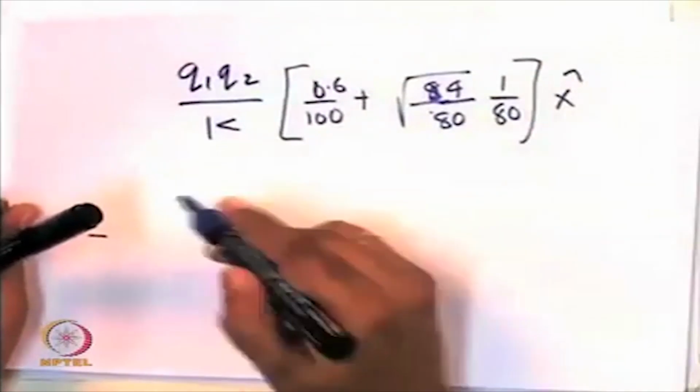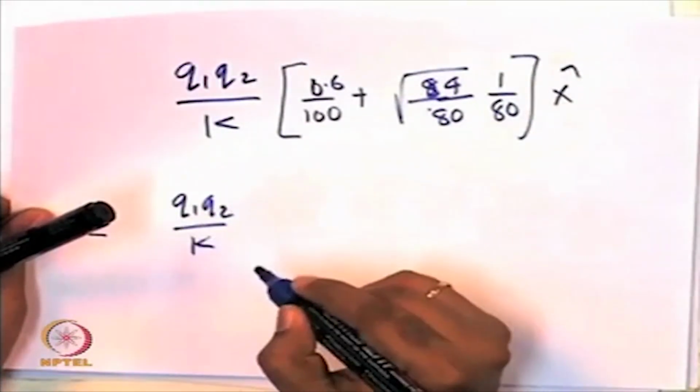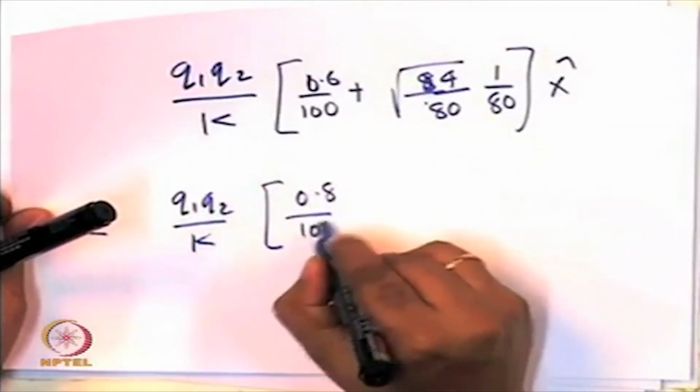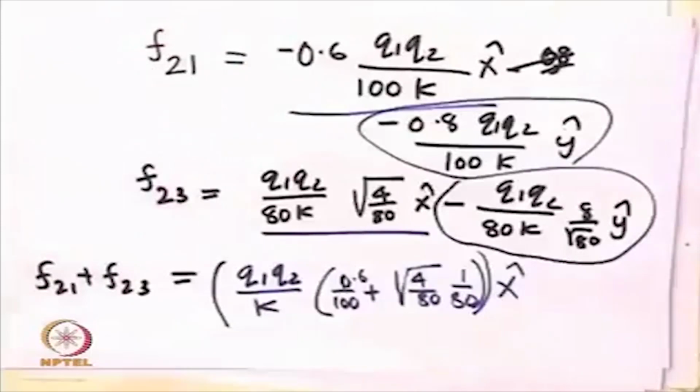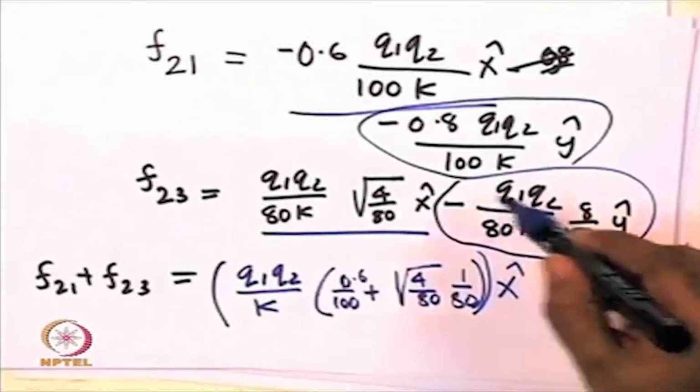So, q1 q2 by k into 0.8 by 100. This has a minus sign, and this is also with a minus sign, so I can take the minus sign common.